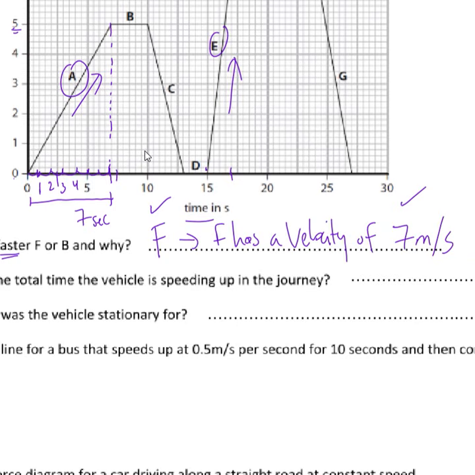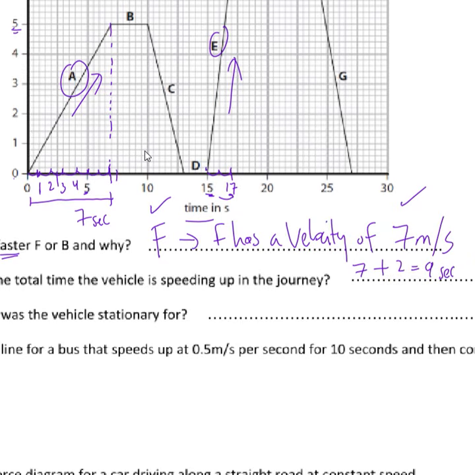Because this is 5, now here we have 15, 16, 17. So this is 17. So we have the time, that's 7 seconds from A, plus 15 to 17, that's 2. So therefore the total time is 9 seconds.